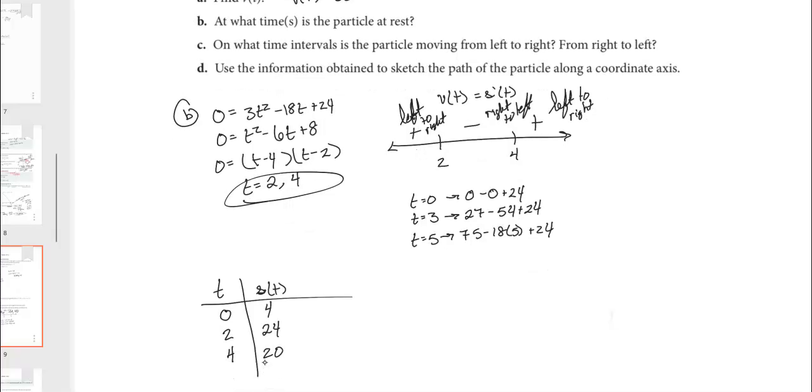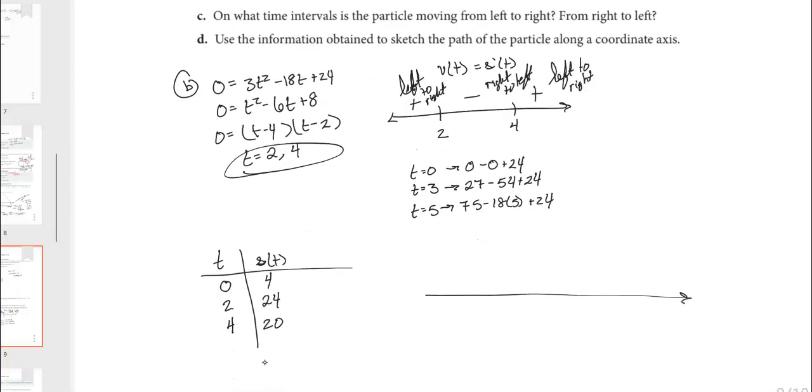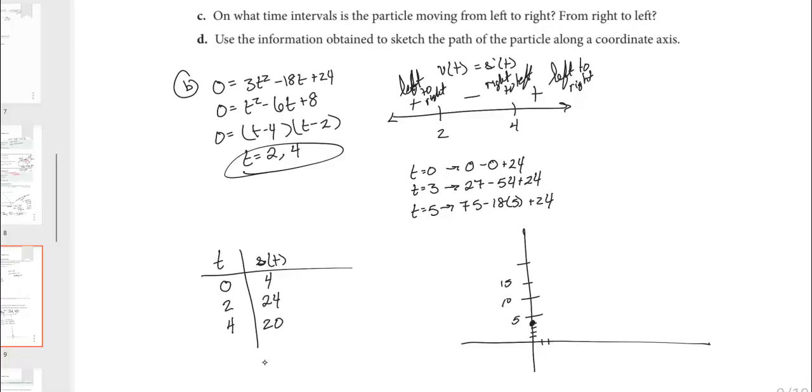So let's draw a little picture of what's going on. So I'm thinking about the height of this figure. Let me draw it vertically. So at time 0, this thing has a height of 4. And then 2 units over, it's going to have a height of 24. So this is 5, 10, 15, 20, 25.